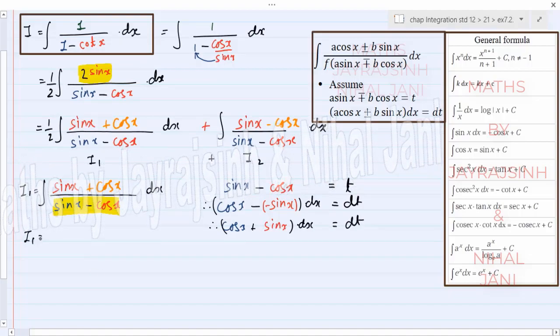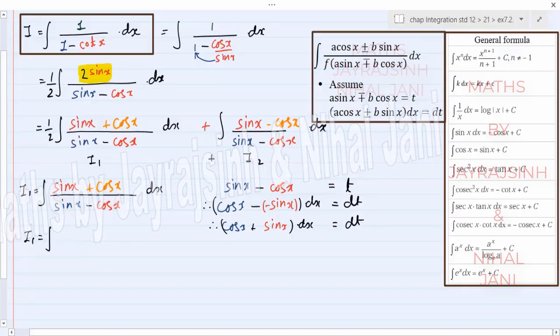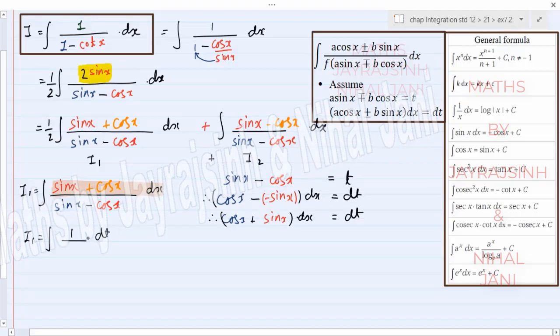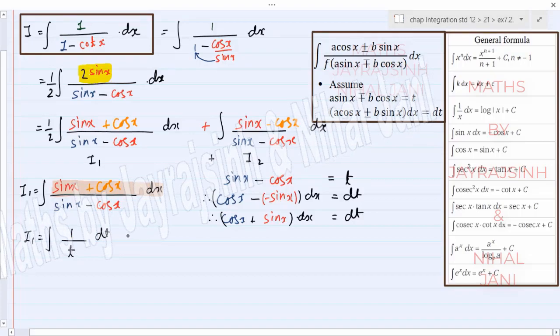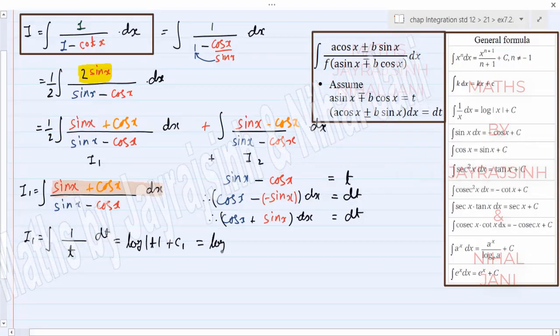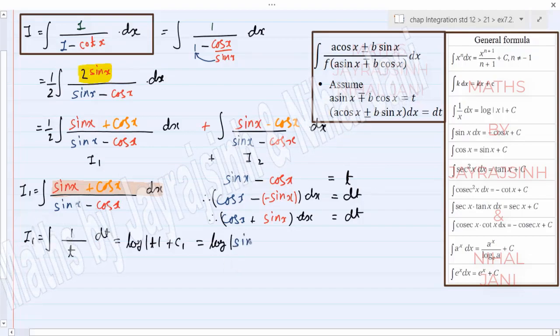So we are ready to modify our integration. This (sin x plus cos x) dot dx will become dt, and 1 upon sin x minus cos x will be t. So we can say integration of 1 upon t is simply log mod t plus c1. To get the final answer, just substitute the value of t, which is sin x minus cos x.